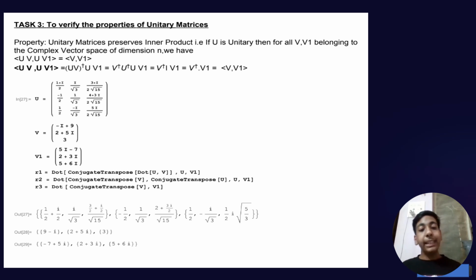Now, unitary matrices preserve the inner product. That is, if U is unitary, then for all V, V1 belonging to a complex vector space of dimension n, we have U V, U V1. We make this calculation using Dot and ConjugateTranspose.